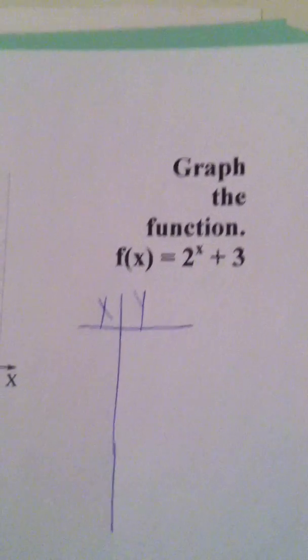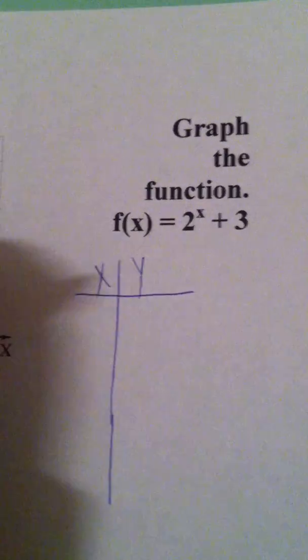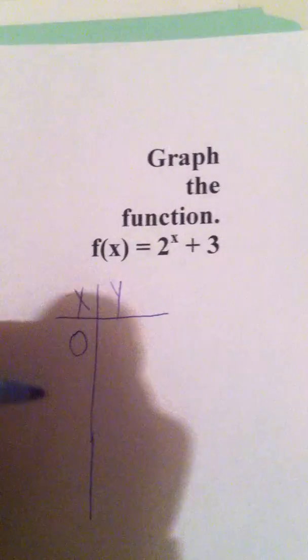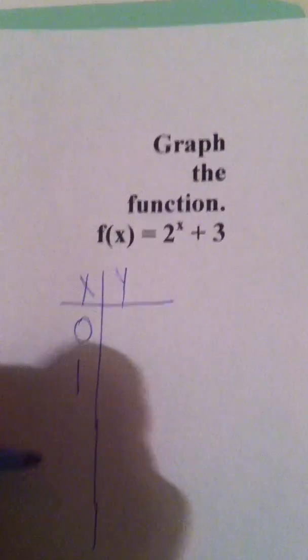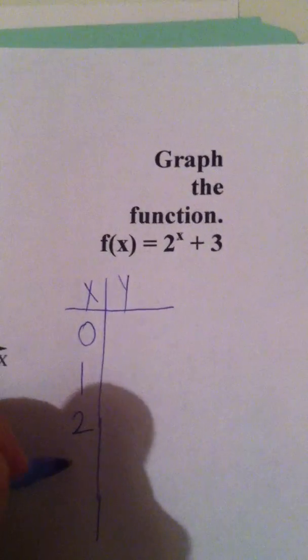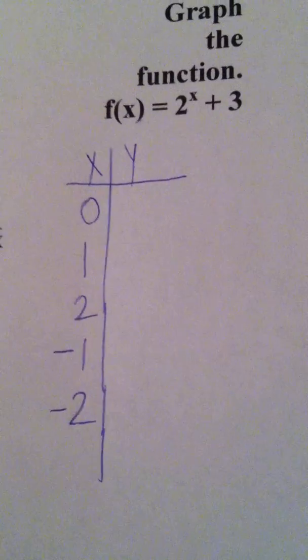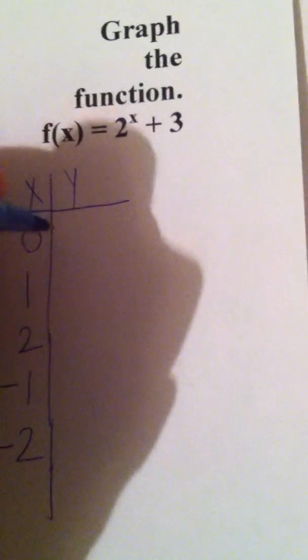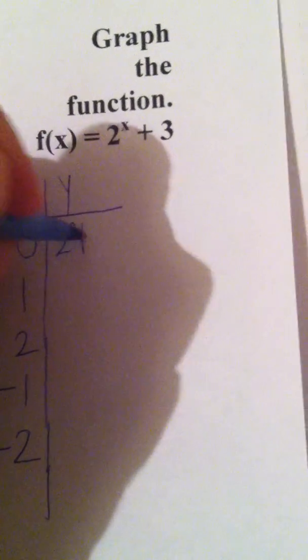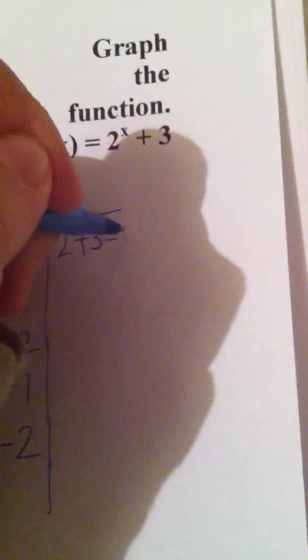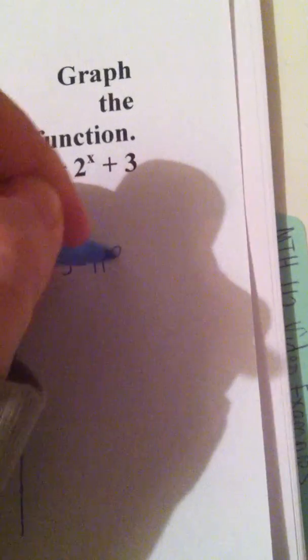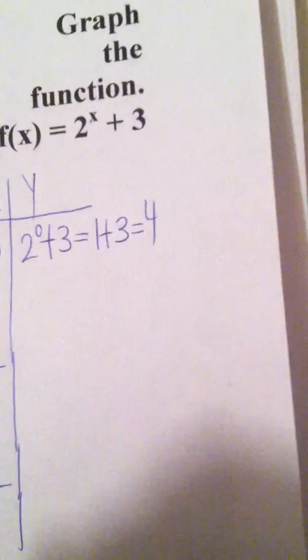And again, you can pick anything you want to for X. I picked a variety of numbers, both positive and negative. So if we let X equal to 0, then that would give us 2 to the 0 power plus 3, which is 1 plus 3, giving us 4.